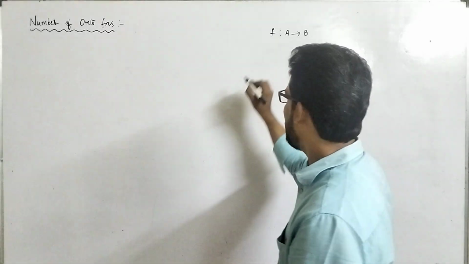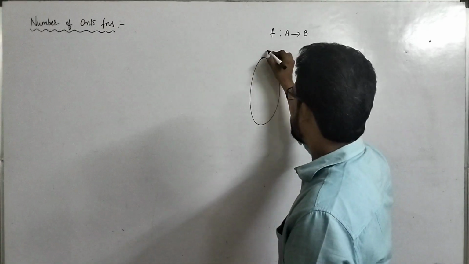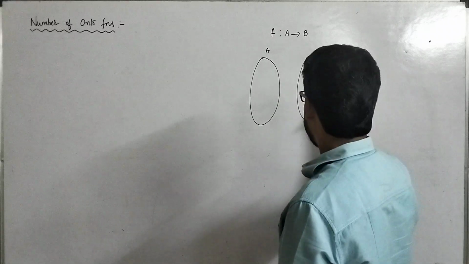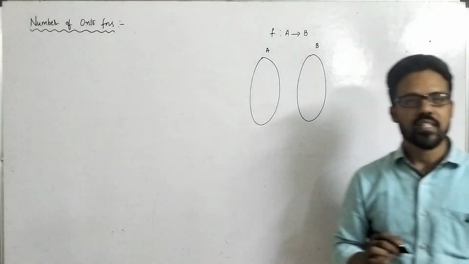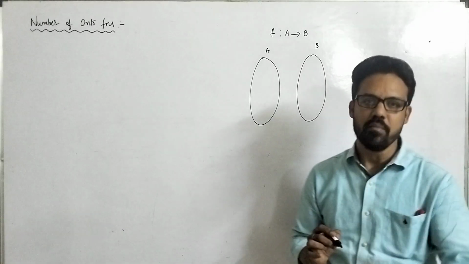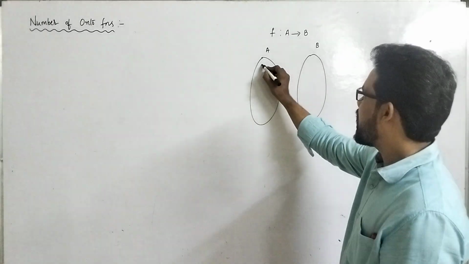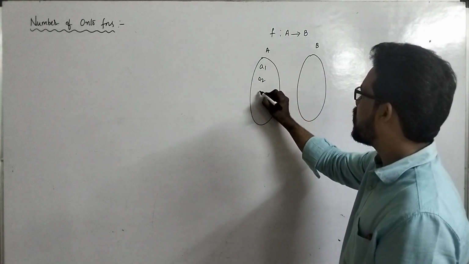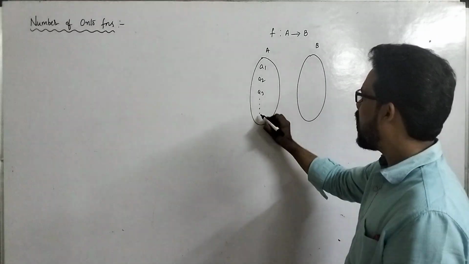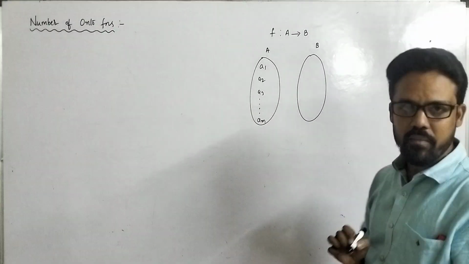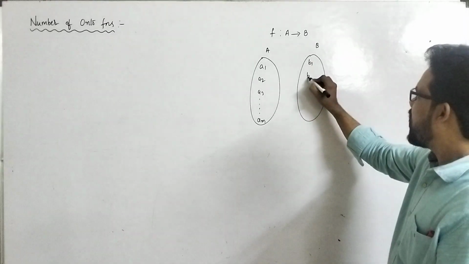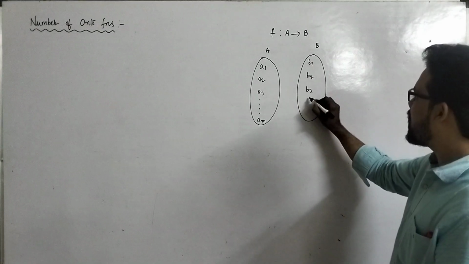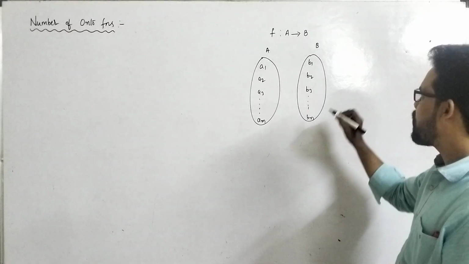Now for example, let us consider set A having m elements and set B having n elements. For example, A1, A2, A3, so on, Am. M elements are there in set A. Similarly, B1, B2, B3, so on, Bn.